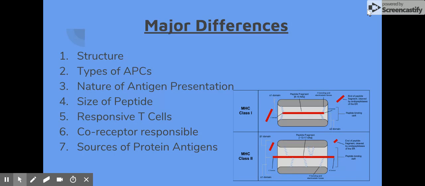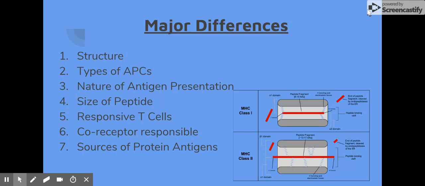Looking at number 5, the responsive T cells. MHC class 1 presents antigens to cytotoxic T cell lymphocytes, so you're going to find the TC cells, and MHC2 presents antigen to helper T cell lymphocytes, or the CD4 T cells.